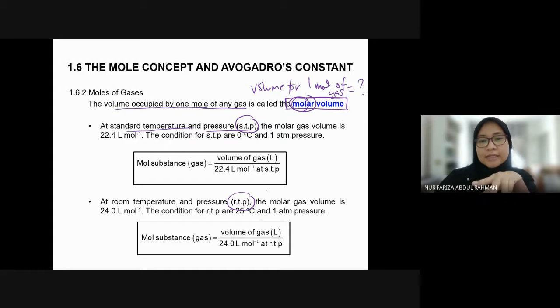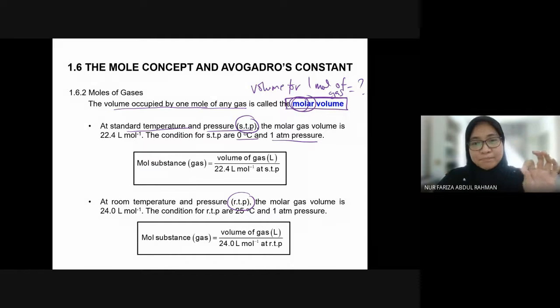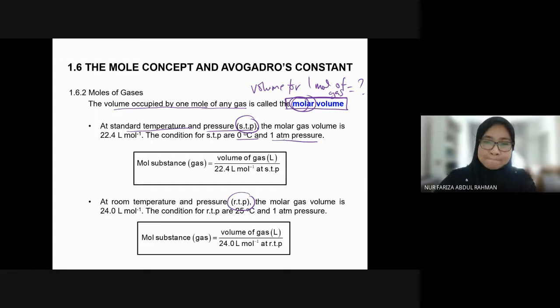If it is at standard temperature and pressure, that means the temperature is at 0 degrees Celsius and the pressure is at 1 atm. You have to memorize this. When the question mentions STP, you should know that the temperature is 0 and the pressure is 1 atm.